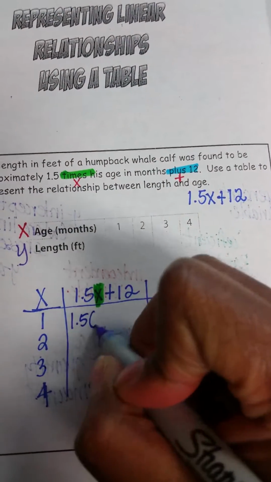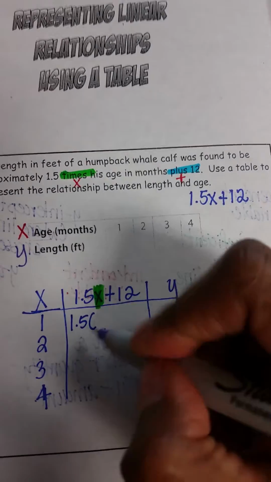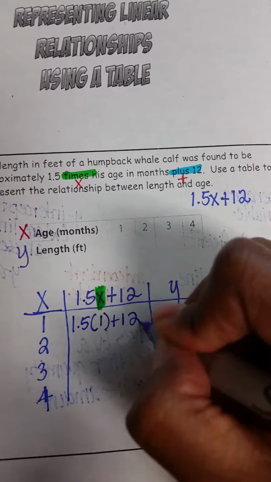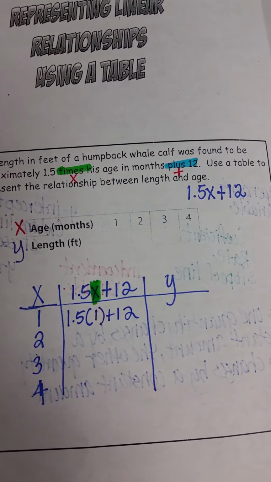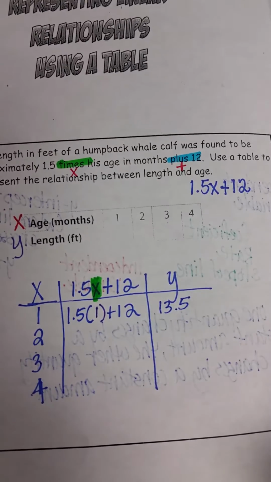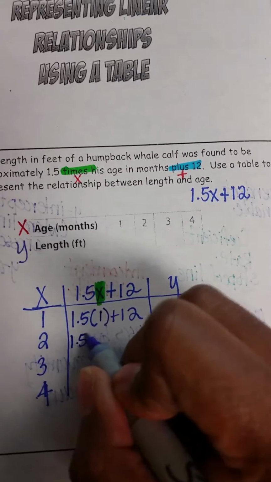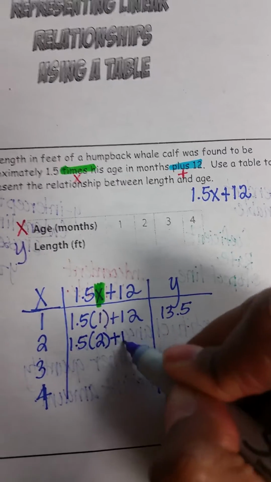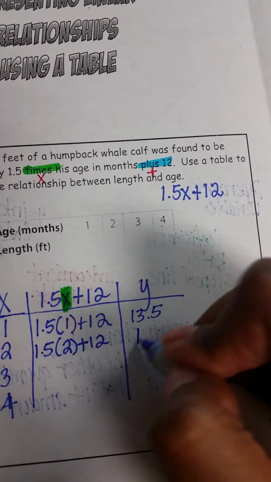So 1.5 times 1 plus 12 would give me 13.5. Then 1.5 times 2, because that's my next x value, plus 12 would give me 15.